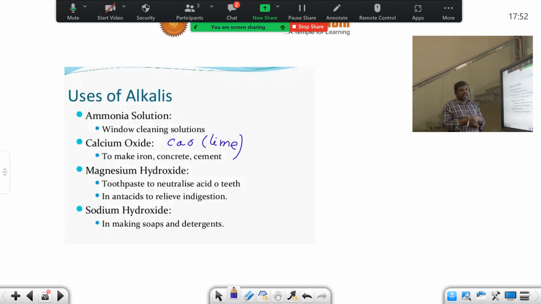Sodium hydroxide is used in making soaps and detergents. So soaps are basic in nature. With the litmus test, or whenever a white shirt has a turmeric stain and we apply detergent, it becomes red. That is the best example for the indication of the basic nature of the substance.